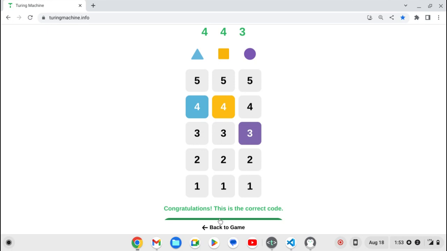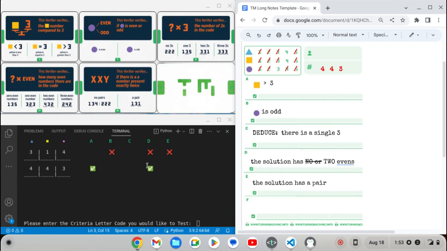Now let's actually see how we did versus the Turing machine. And notice that even though I did test criteria card D twice, I was able to deduce that C had to be a 3, and so we still did our 5 questions with our 5 criteria cards. So that's always a good indication that we probably beat the Turing machine.